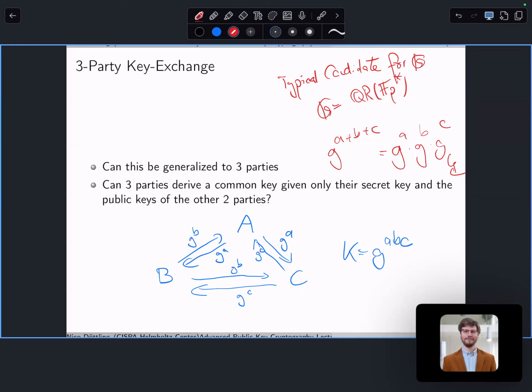This is the classic standard candidate. I see a few confused faces, so let's write that down. That's all the x squares for x an element of F_p star. This is a multiplicative group, and if, let's say, p is 2q plus 1, then this is even a prime order group.